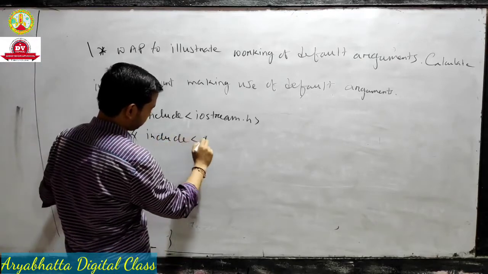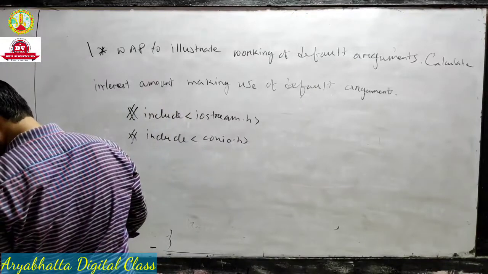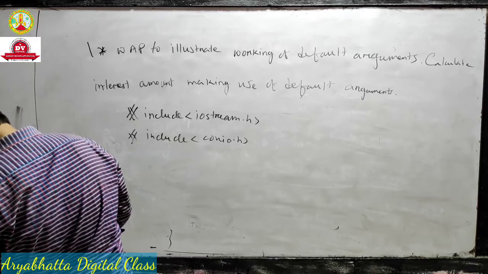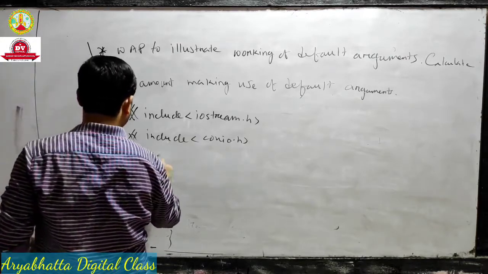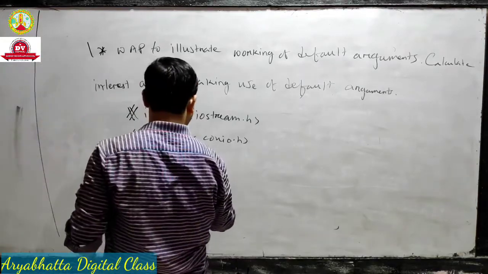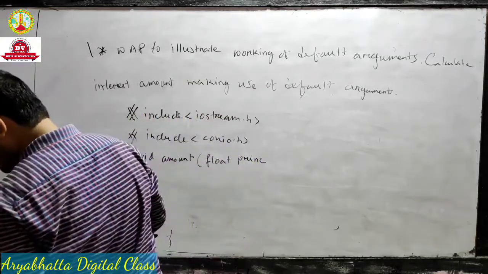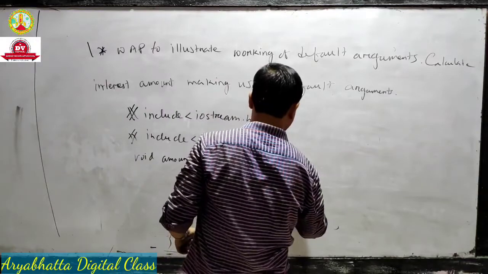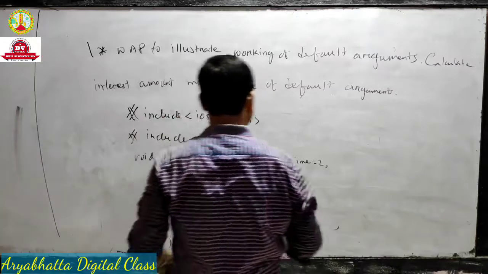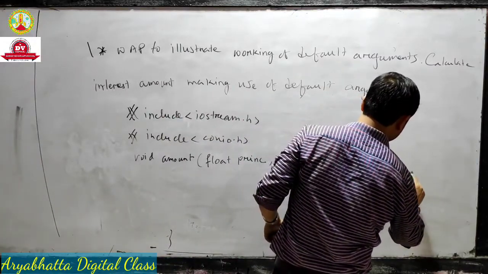iostream.h, conio.h, void amount, float rate 0.08.